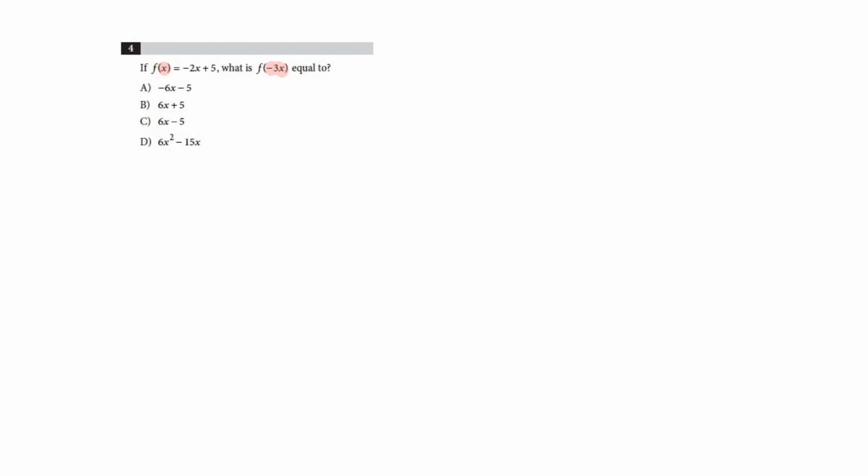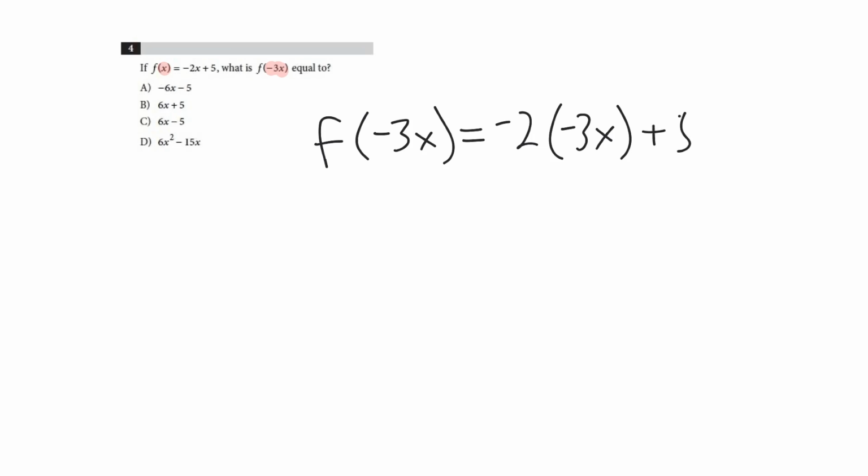So we're going to get f of negative 3x equals negative 2 times the input, in this case negative 3x, plus 5. Let's get rid of parentheses. That's going to be 6x plus 5.